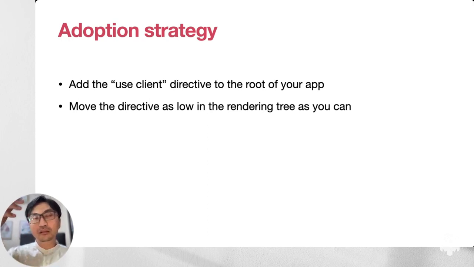For example, on the app chart that we had before, we can first add the use client into the app component, then we can move it to the article, and then we can move it to the comments, and we can move it as low as we can. If we cannot put it any lower, that means that's the perfect place for the client directive.